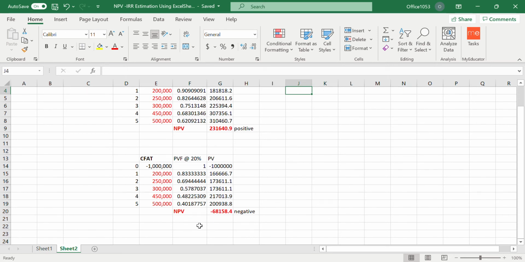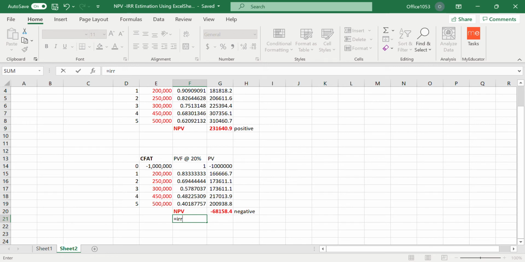So we can calculate IRR directly employing the Excel formula =IRR. The formula takes values, select all the values, and a guess of a particular rate of interest. We can take 12%, 0.12. You can take 13 if you want.